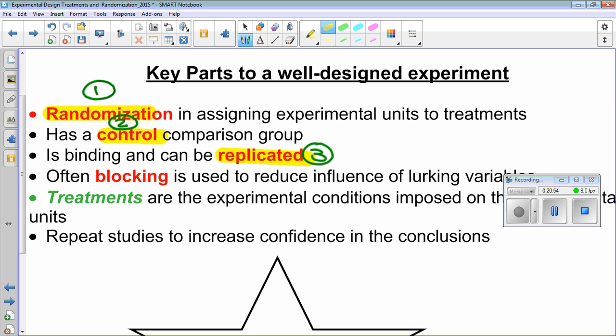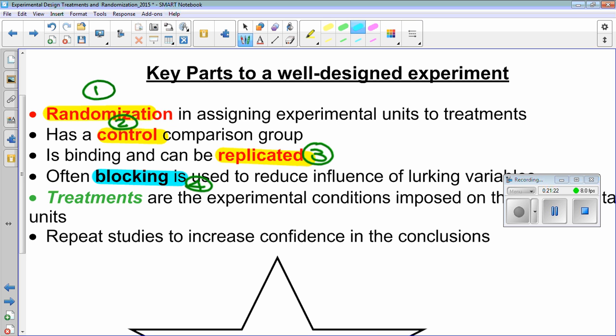If I'm going to design an experiment and I want it to be well designed, you must include all 3 of these. I say sometimes there's a 4th element, and that 4th element's called blocking. And I'll put sometimes 4 in a different color, because if you can use it, do it. But sometimes it can't be done. Okay?